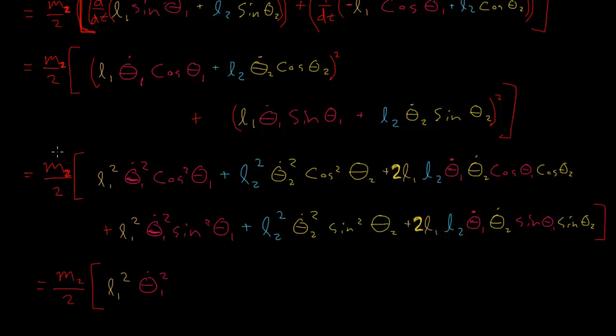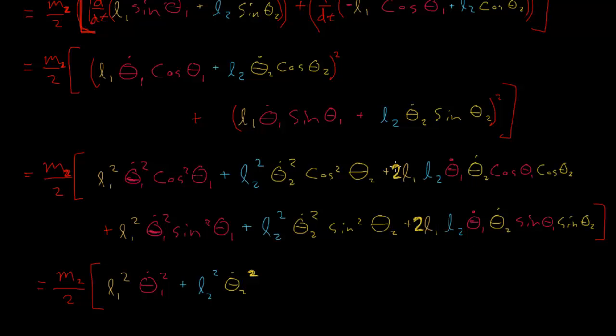So we can just write plus L2 squared theta 2 dot squared. All of this stuff here actually just simplifies into these two little guys.